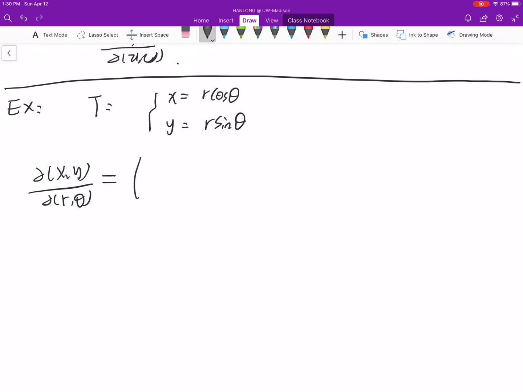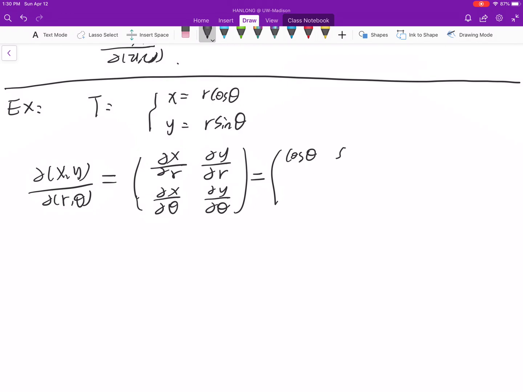The Jacobian matrix of partial x, partial r, partial y, partial r, partial x, partial theta, partial y, partial theta equals cosine theta, sine theta, negative r sine theta, r cosine theta.